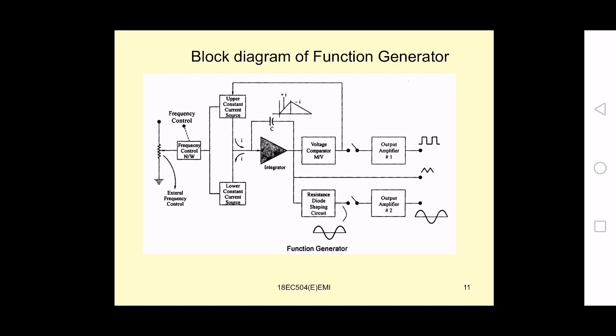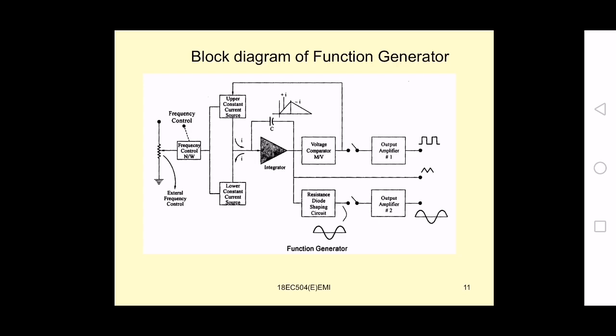Now this lower constant current source supplies the reverse current to the integrator, so that its output decreases linearly with time. In the case of the upper constant current source, the output of the integrator is increasing. Whenever, on the increasing side, the voltage comparator multivibrator changes its state, it turns off the upper constant current source and turns on the lower constant current source, which supplies the reverse current to the integrator.